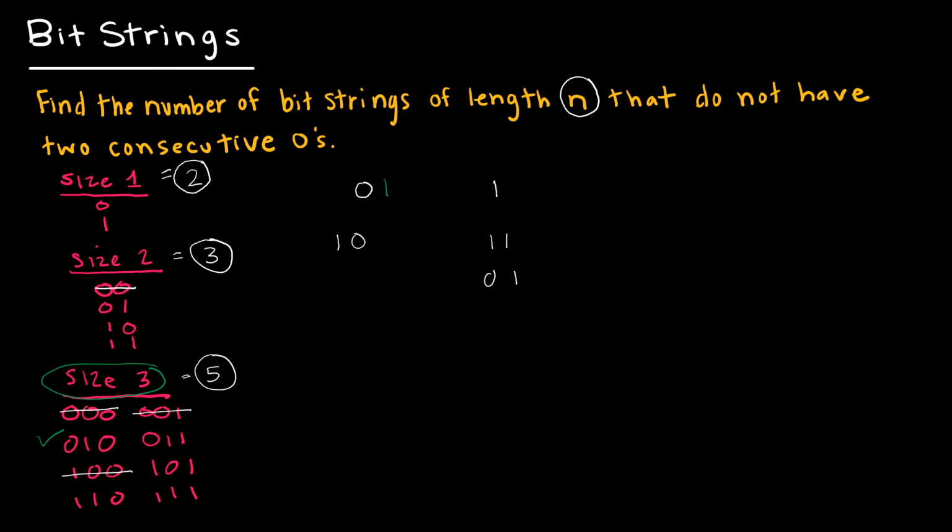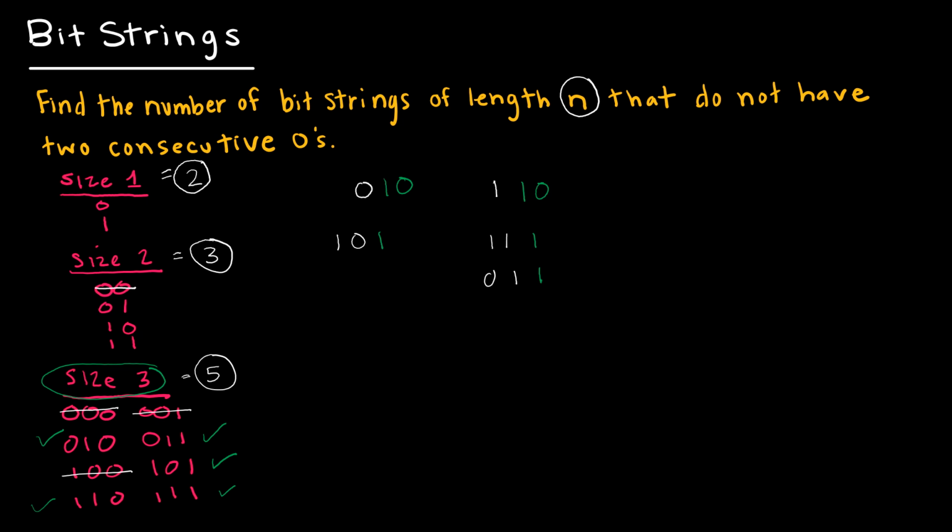I'm adding a 1, 0 to the end of 0. And then I have 1, 0, and I'm going to add a 1 to that: 1, 0, 1. So I've used that one. And for 1, 1, I've got 1, 1, 1. And for 0, 1, I have 0, 1, 1. And for the last one, I have 1, 1, 0.